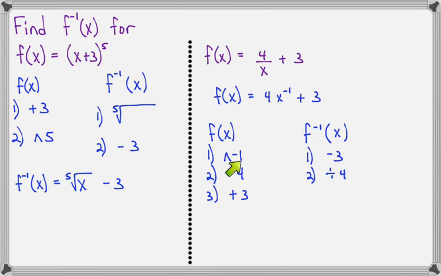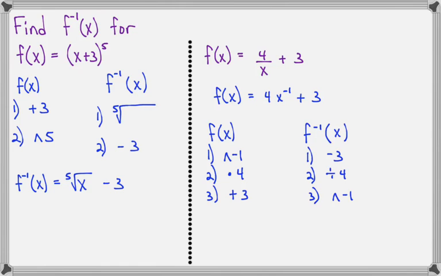So here I need to undo a reciprocal, so I'll just do another reciprocal. So another negative 1 power. This is the only power that is its own inverse. Most of the time we do have a power and a root acting as inverses. But in this case, because the reciprocal is its own inverse, we see it both places.